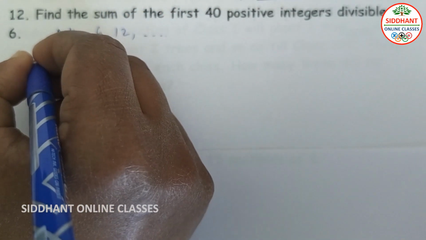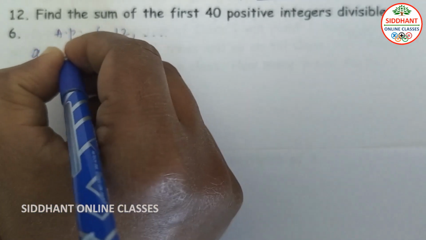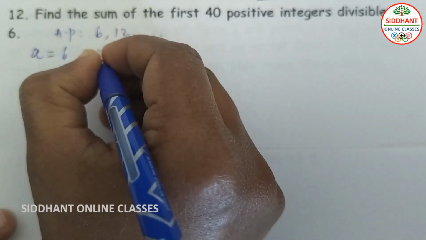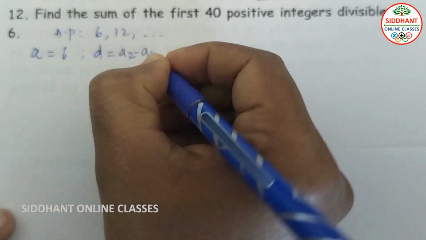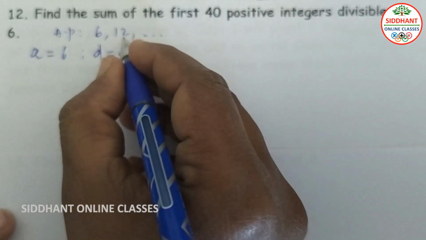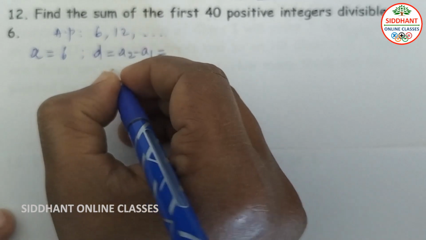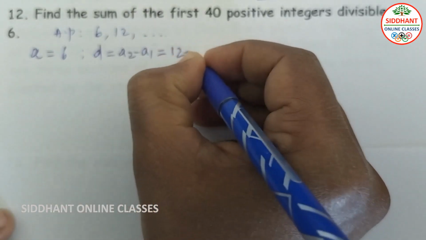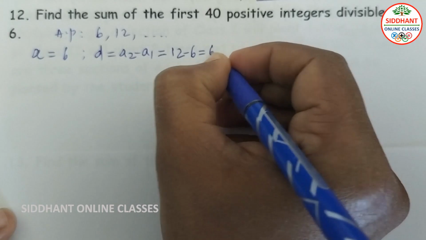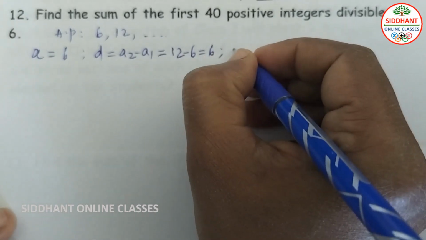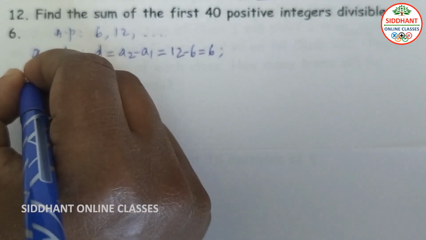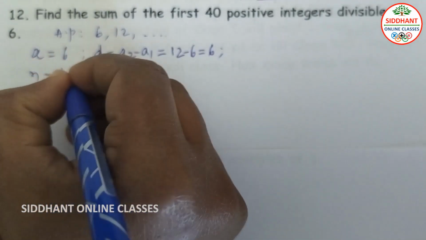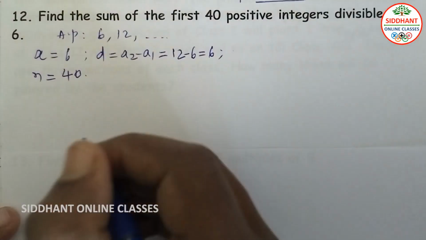The information given is a equal to 6, d which is equal to a2 minus a1, that is 12 minus 6, so that equal to 6. And n is given, n is equal to 40.